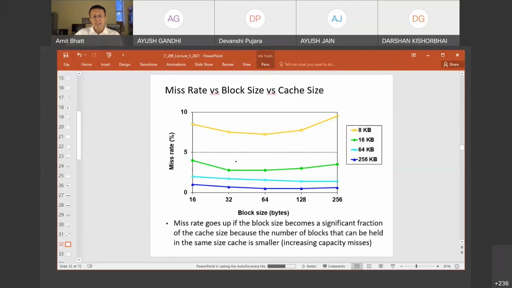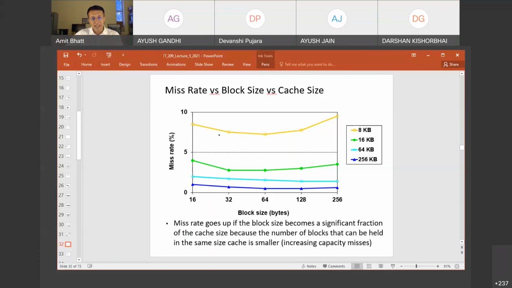So here, the same benchmarking program has been used for all 4 cases of different cache sizes and different block sizes. It was found that for a small cache, if your block size is just 4 words, then your miss rate is around 8.5% or something. If you increase the block size to 8 words, right? 32 bytes is 8 words, right?